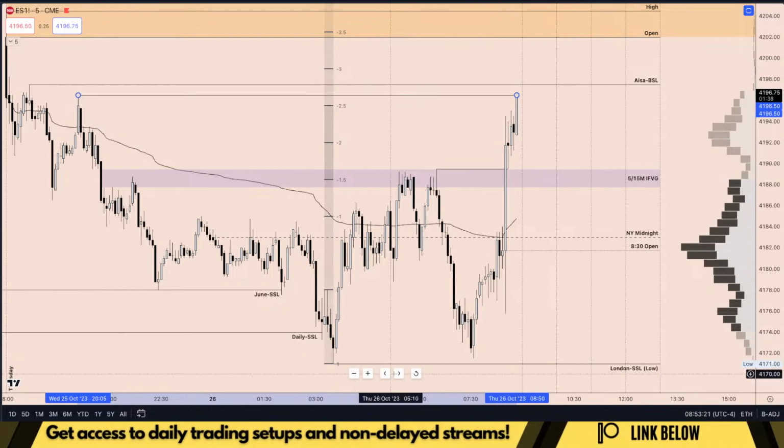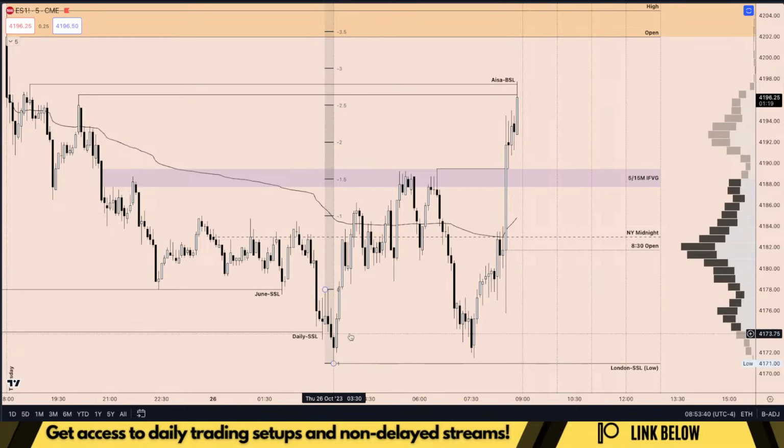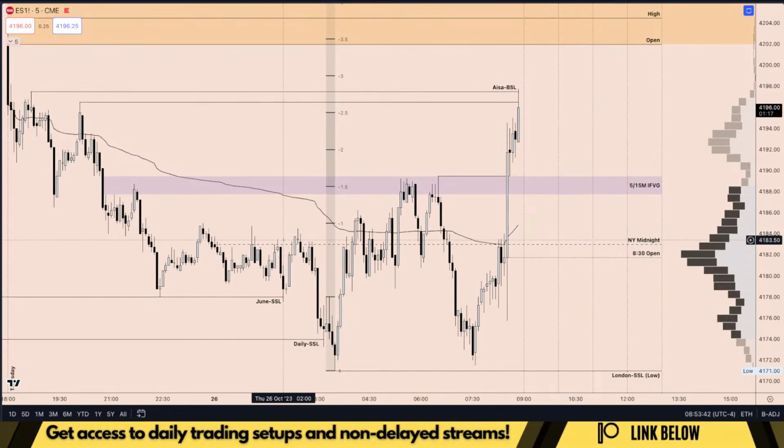We fell short of this London sell side, which really threw me off, like, come on, why? But anyway, it happened, and we just took Asia buy side liquidity, hit the negative 2.5 standard deviation of our last fake out here to the downside. That's what I used because it lined up perfectly.